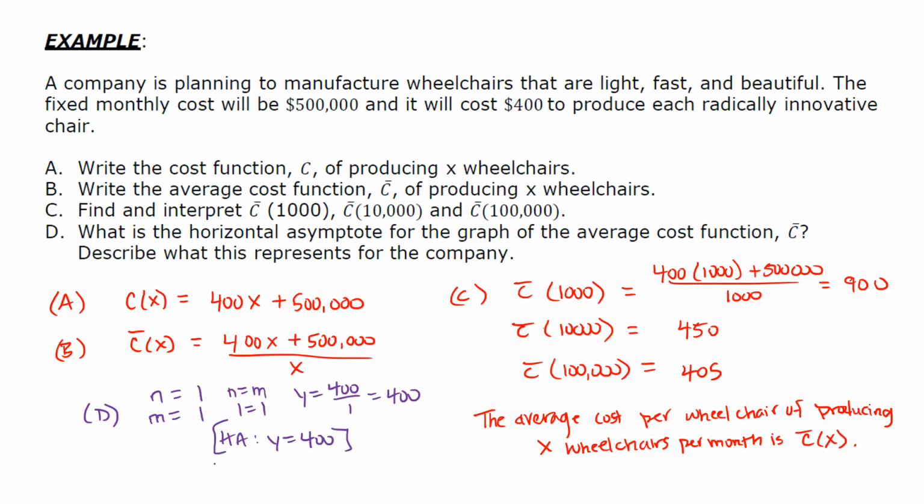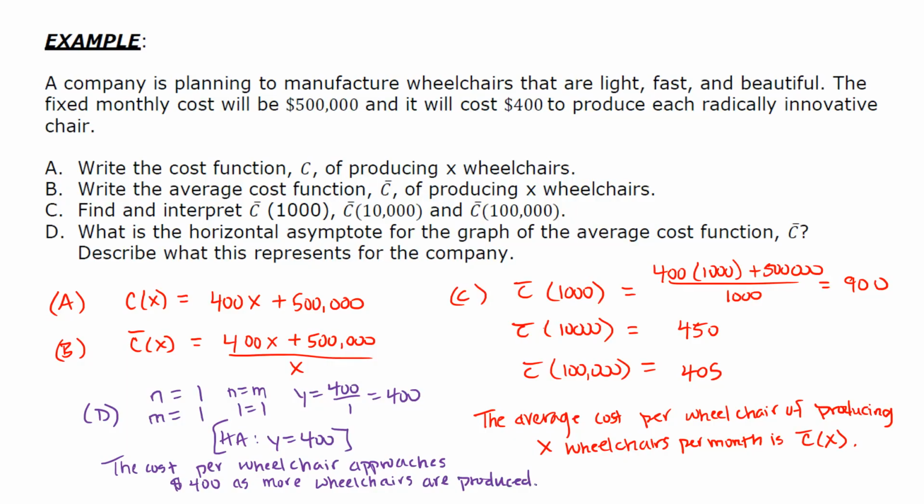But what does that mean for the company? Well, it means that the cost per wheelchair approaches 400 as more wheelchairs are produced.